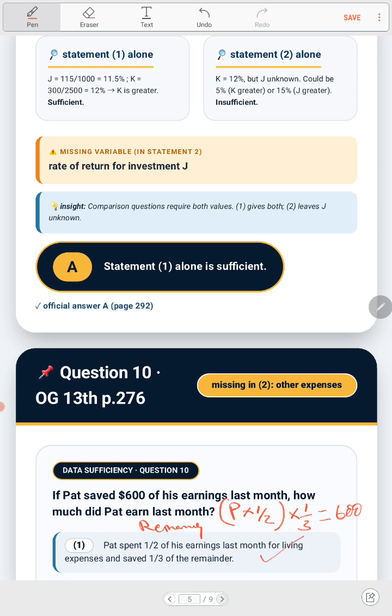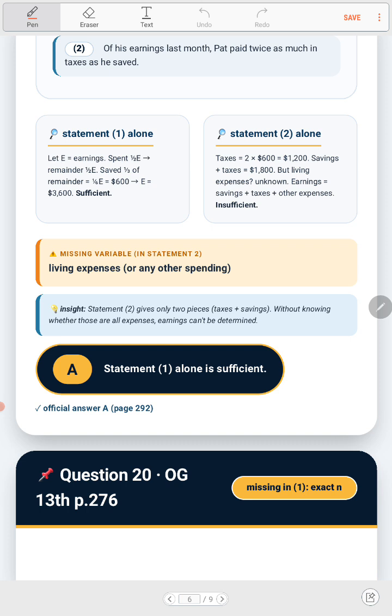Let's see statement 2. Of his earning last month, Pat paid twice as much in taxes as he saved. What is missing here? What is missing is living expenses. Also, the amount of taxation is also missing.